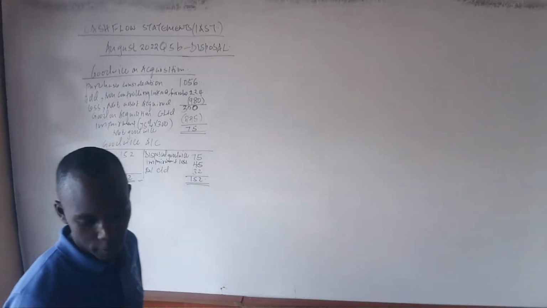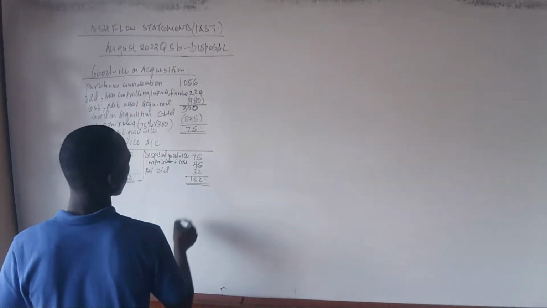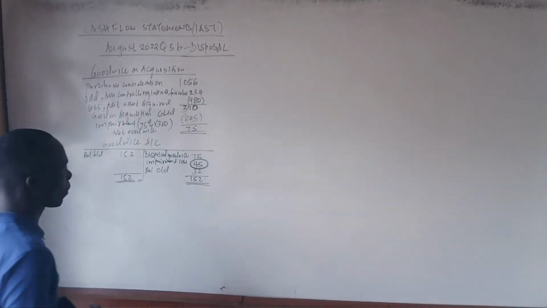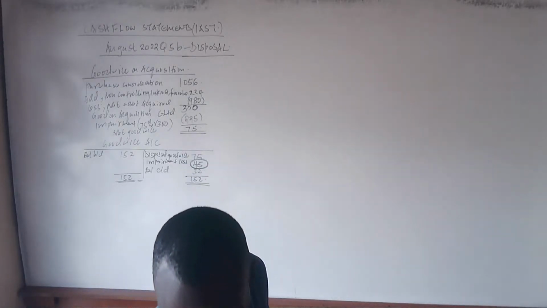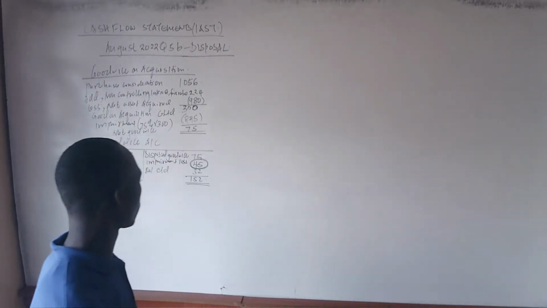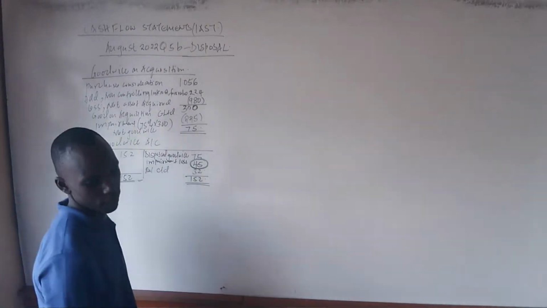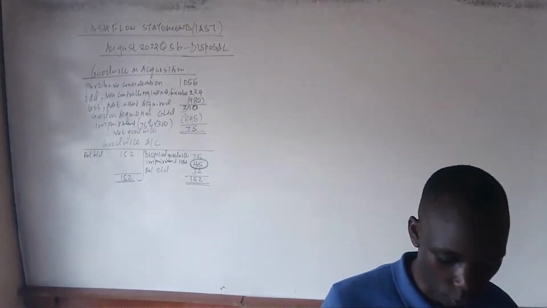When we present our cash flow statement, this impairment loss was an expense under administrative expenses, so in the income statement it was subtracted. In our cash flow under adjustments, we are going to add this impairment loss. So we are done with that.